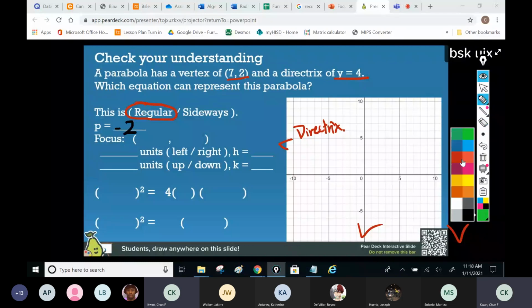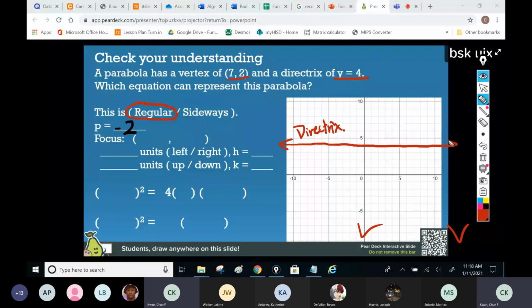This is (7, 2), the correct point, and then the focus is right here. The focal length is right here. So the focus is (7, 0).